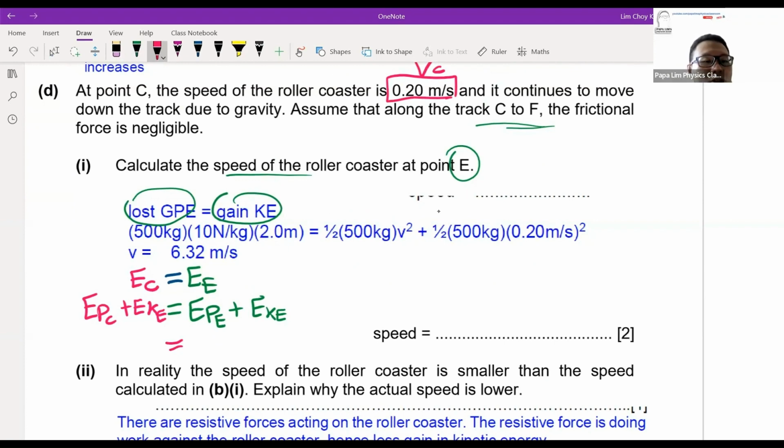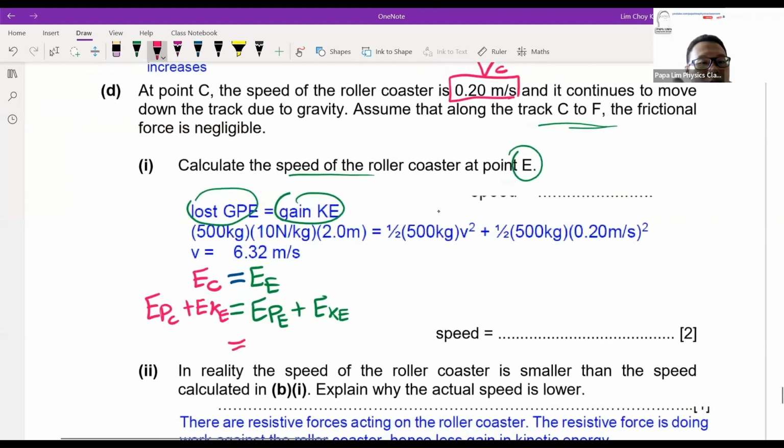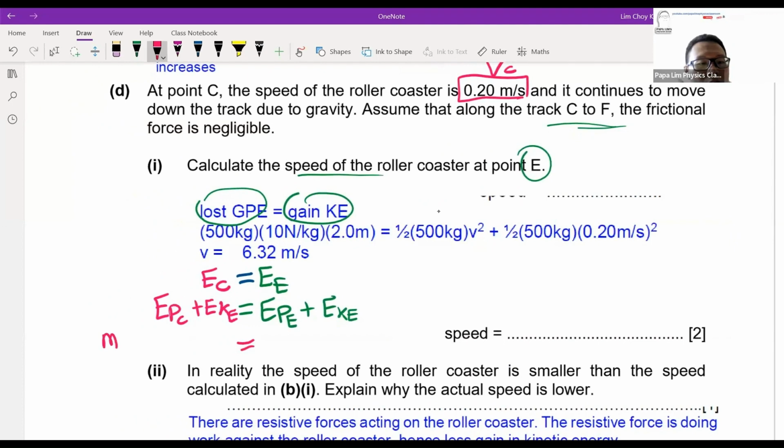So now mgh at C, h is 20 meters. This is what is given to you. At C, my mistake. For half mv squared, the kinetic energy at C will be half m VC squared.